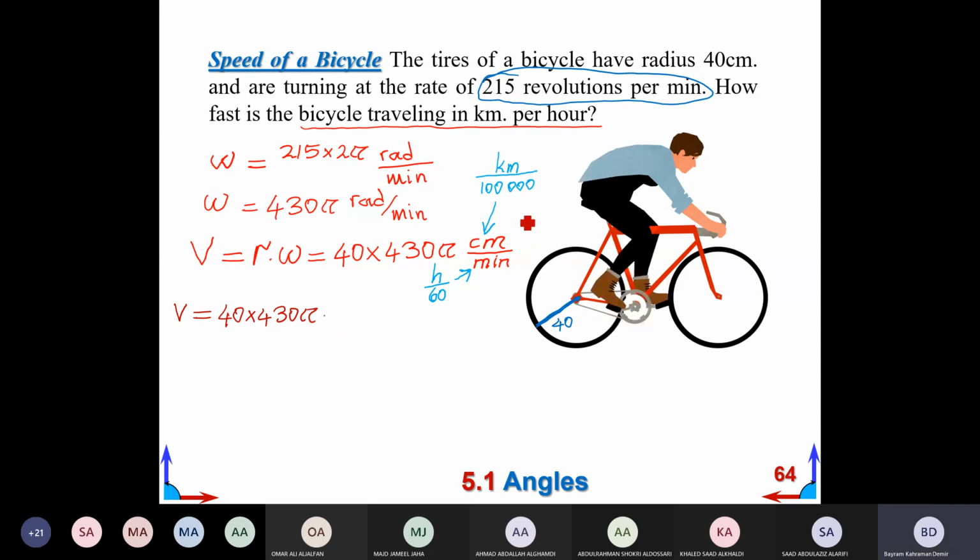And now when you divide it, kilometers over 100,000 divided by hour over 60, you will get a 60 up here divided by 100,000 kilometer per hour. So centimeter per minute becomes kilometer per hour after you simplify.